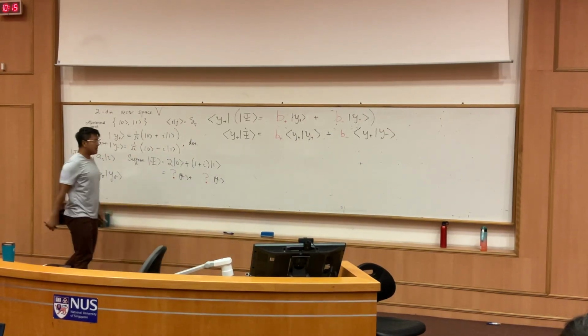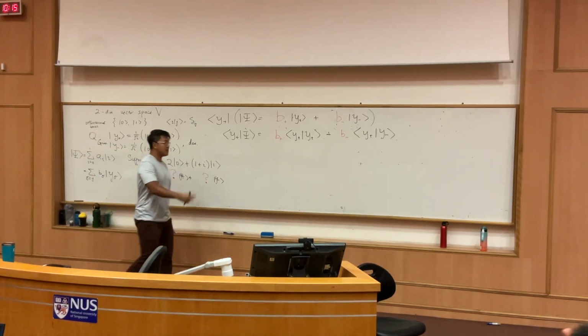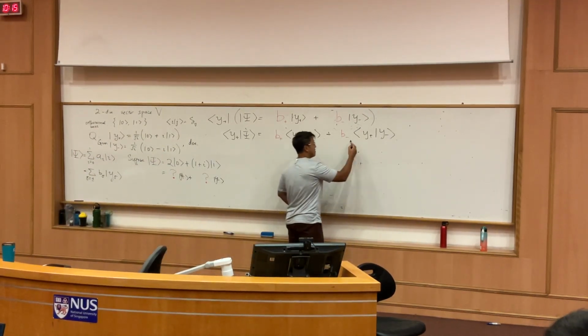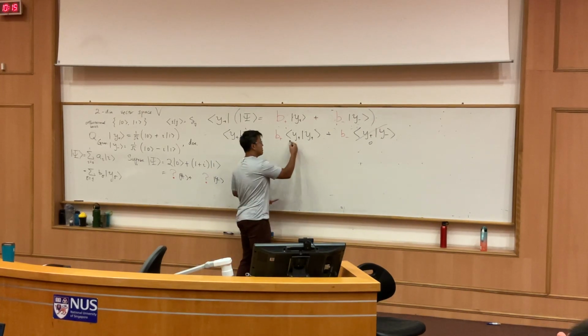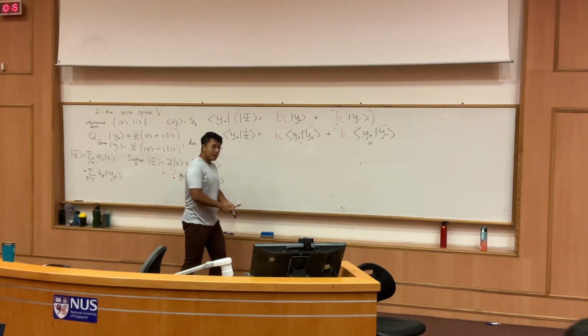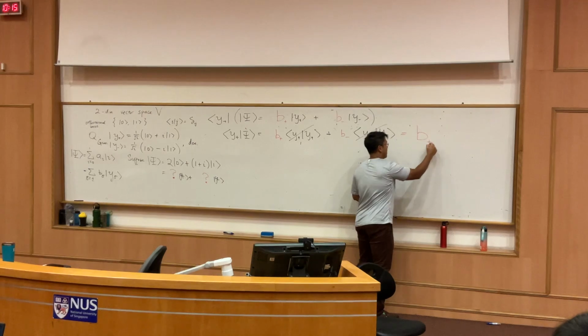But we just did a calculation where y plus and y minus were shown to be orthogonal, in fact orthonormal, right? So the right hand side simplifies so nicely. This goes to 0, by our calculation. This goes to 1. And so we immediately have on the right hand side just b plus.